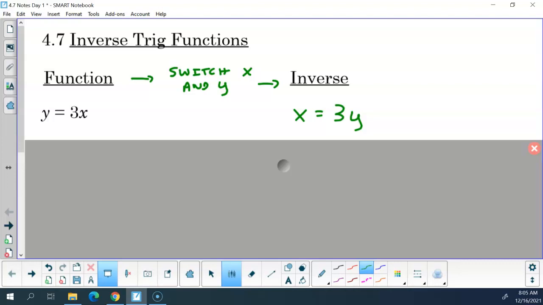And then what you do is you solve for y again. So in this case, that would be y equals x divided by 3.